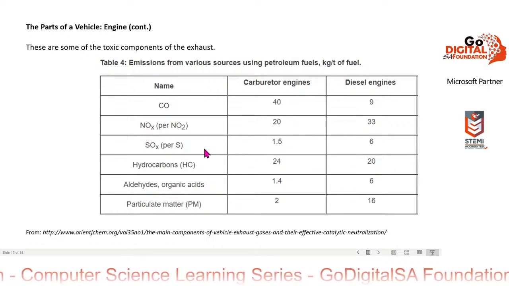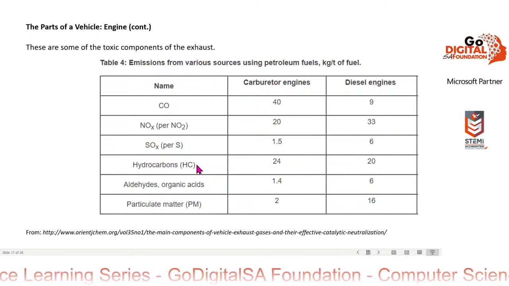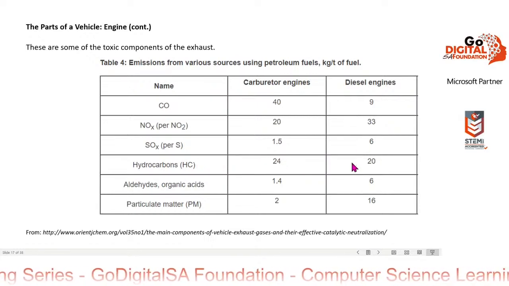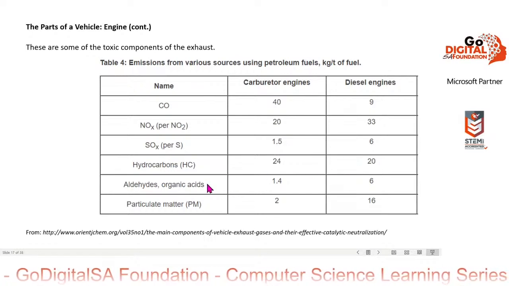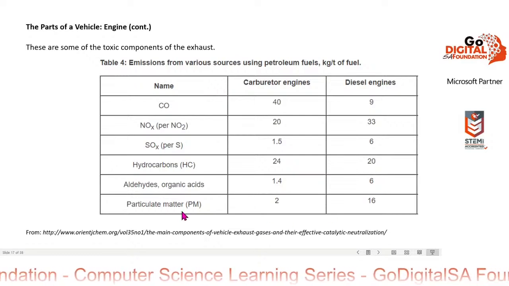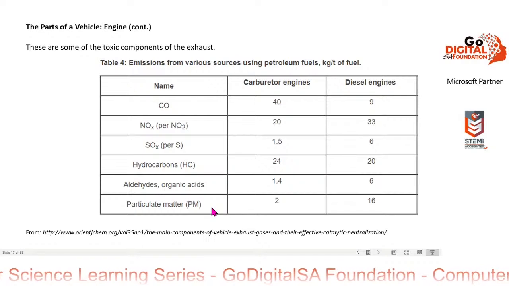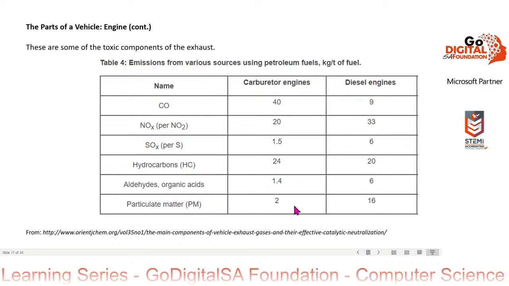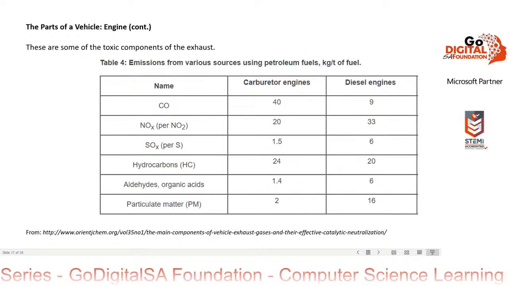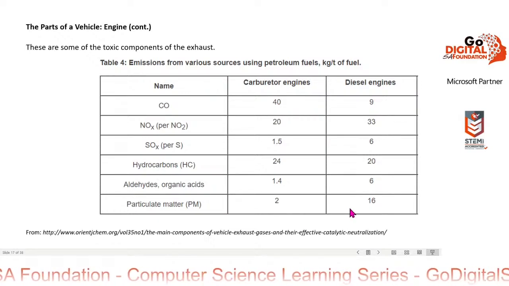Sulfur oxides, which is worse in diesel engines. Hydrocarbons, which is about the same in carburetor and diesel engines, organic acids, which are worse in diesel engines, and particulate matter. Those are the little specks of dust, the little black specks that you'll see making the exhaust pipe black and leaving black marks on the roads. And that's worse in diesel engines.